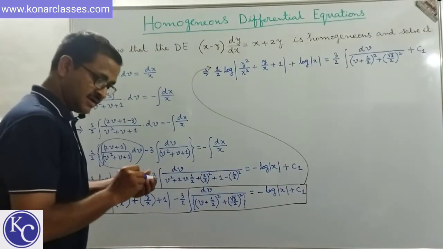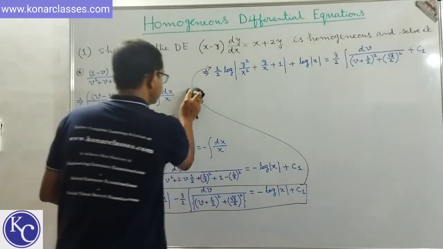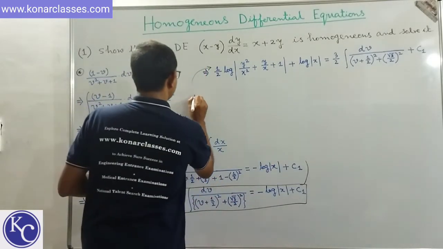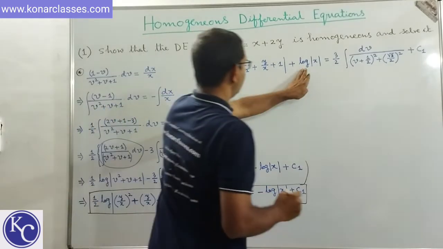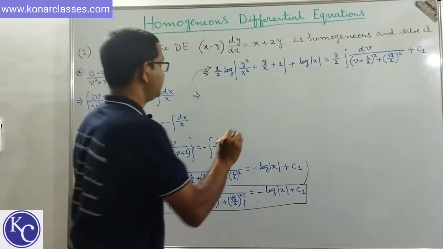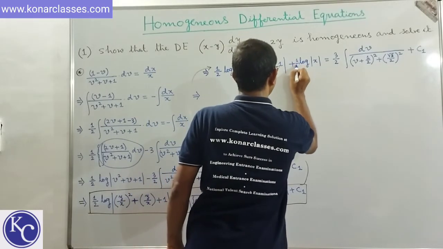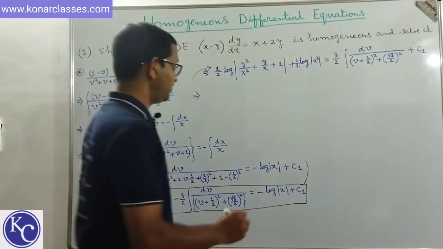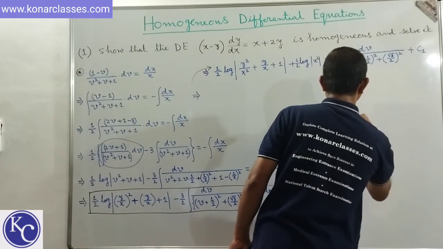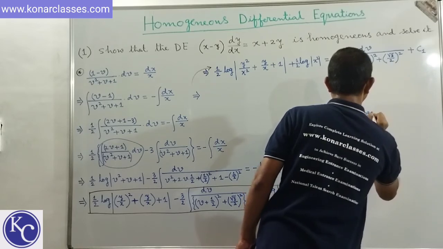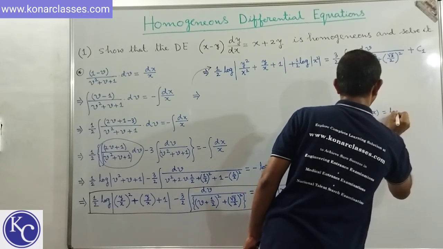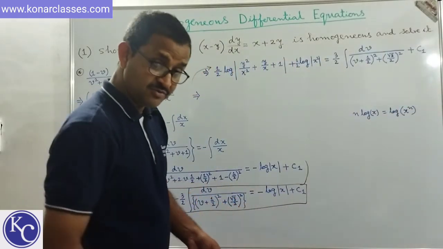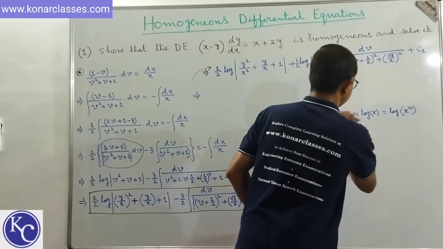Correct? Now as we are performing this, this implies, dear students, this log of mod x I can write as 1 by 2 into log of mod x square. Why? Because we know there is a formula of logarithm that n log x is equal to log of x to the power n. If you need to know how, you need to follow my logarithmic class.